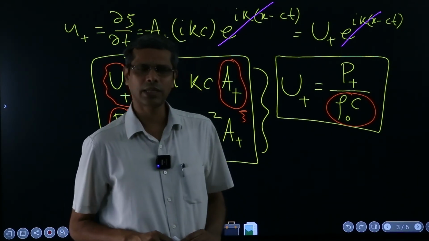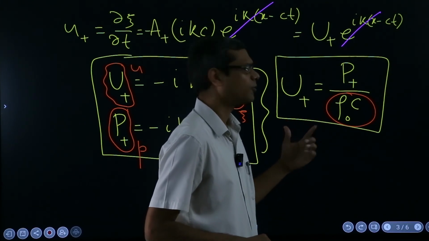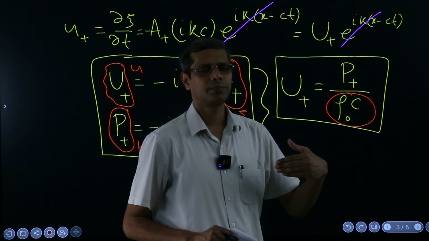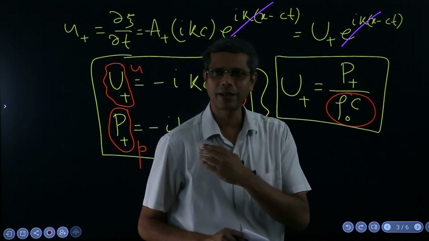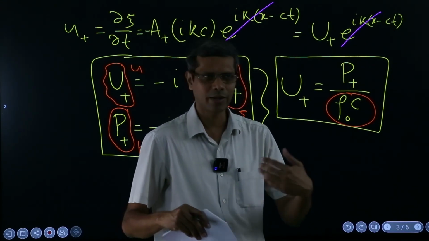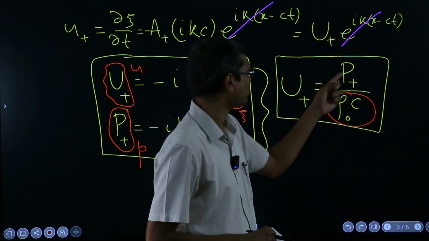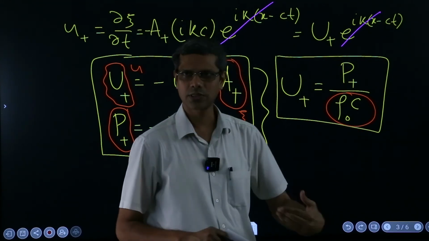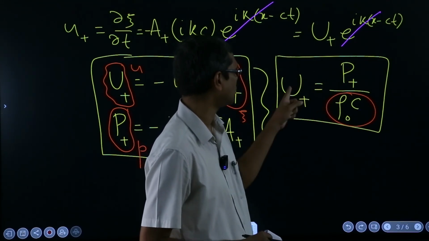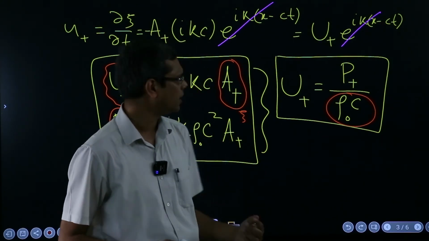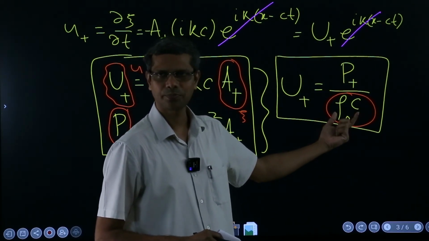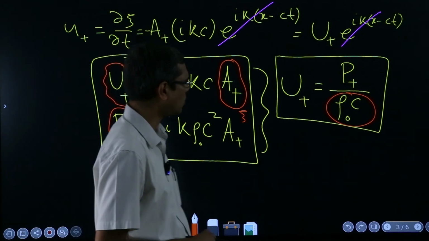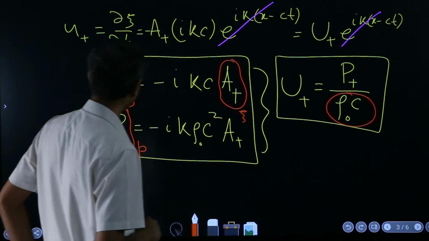So presently you can think that for plane wave propagation, that is a wave that has the same direction in every location of space, that's how we define plane wave, the pressure and the velocity are in phase, and the ratio of the amplitude of the pressure to the amplitude of the velocity is a constant which depends only on the material property, the density times the speed of sound, and that's called the characteristic impedance of the medium. Okay.